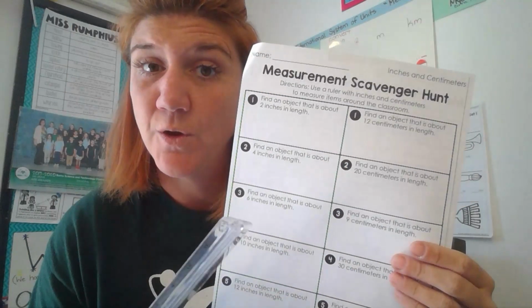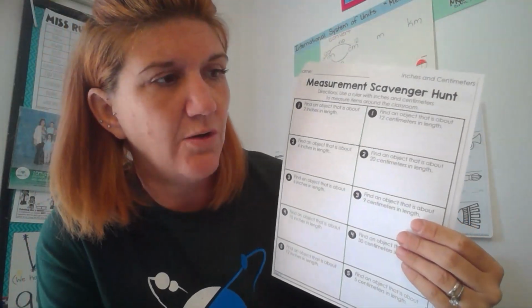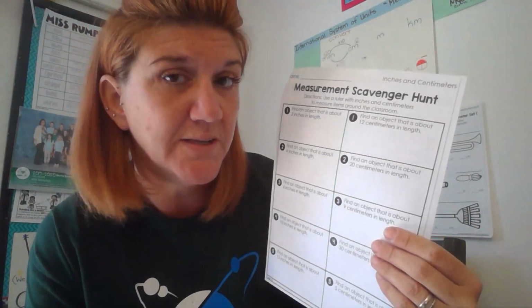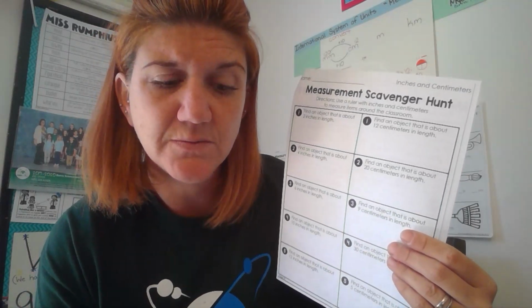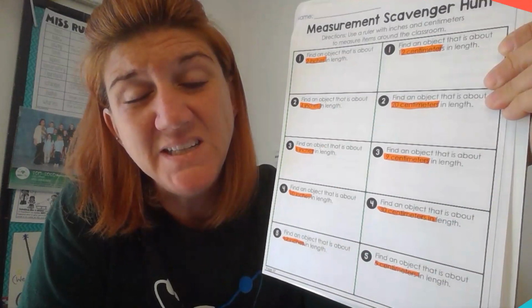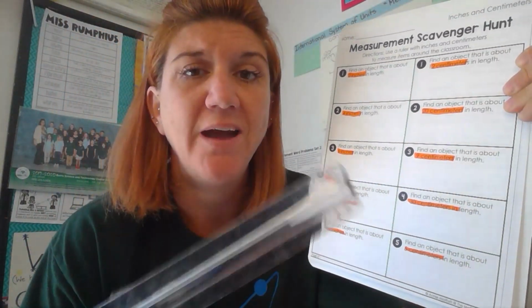So for the scavenger hunt, the first thing I'm going to do is figure out all of the measurements that I'm going to go searching for. So I'm going to highlight those. By doing this, I was able to find some similarities. I know that my ruler is 12 inches long.